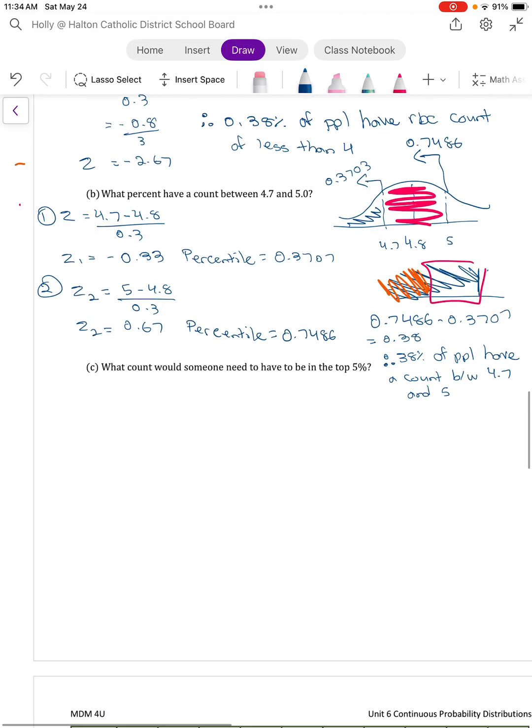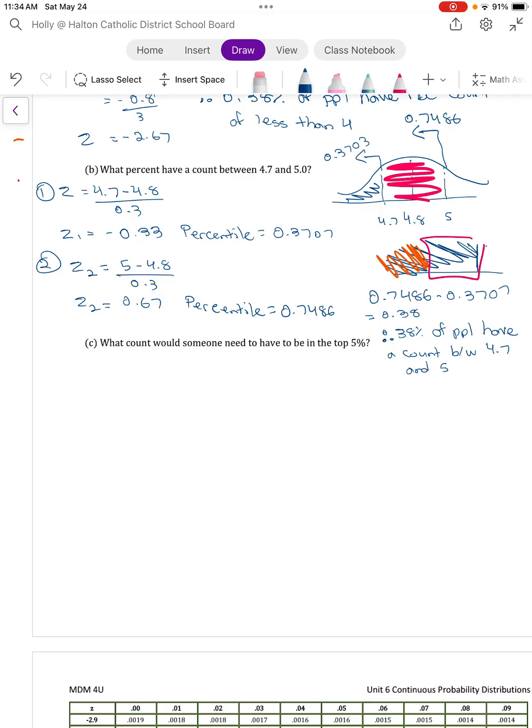Okay. And the last part here. What count would someone need to have to be in the top 5%? So now we're looking at percentiles. The first thing you need to think about is kind of work backwards. Top 5% would be 0.05.